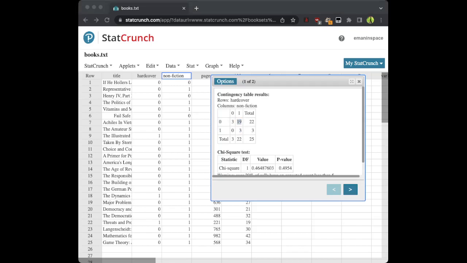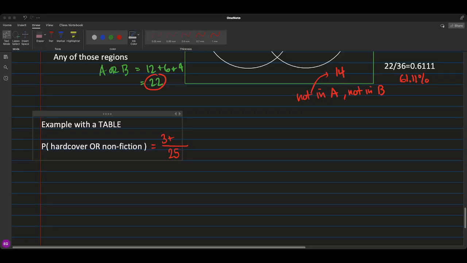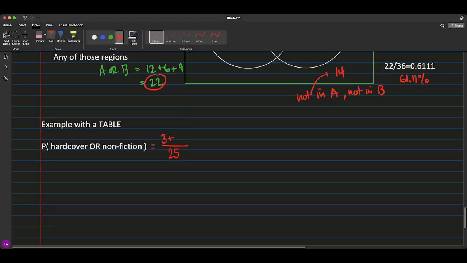So let me go back, explain what I mean by this. If you were to make the Venn diagram, A is hardcover, B is nonfiction. We found that there were 0 books that were only hardcover. There were 3 books which are hardcover and nonfiction.